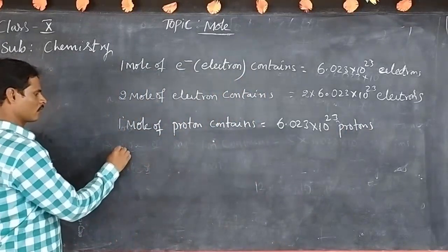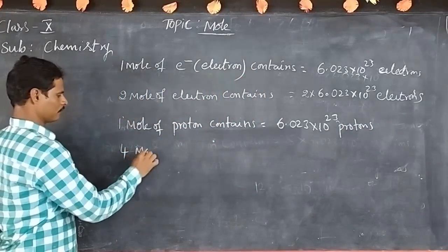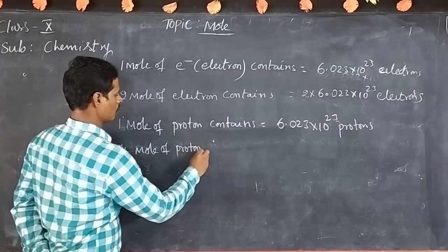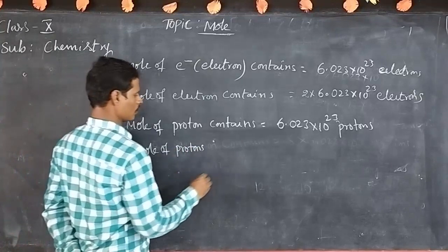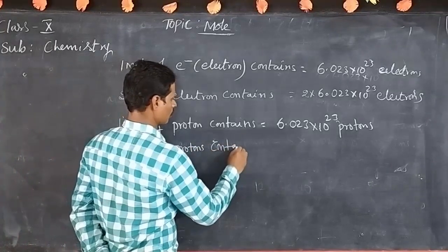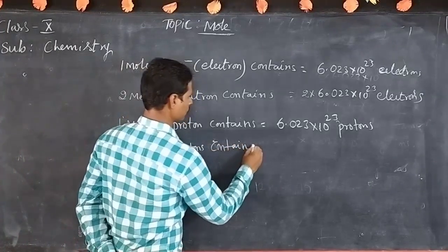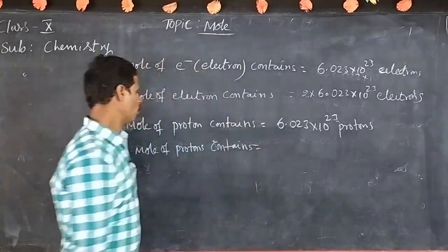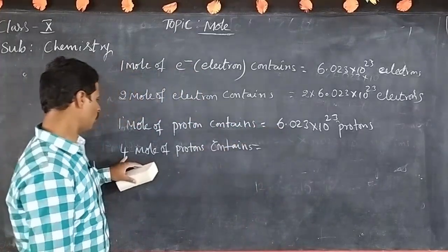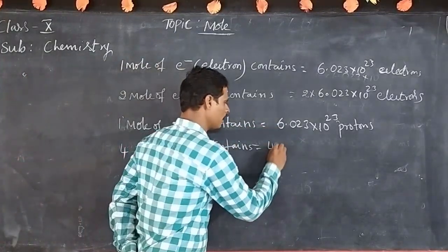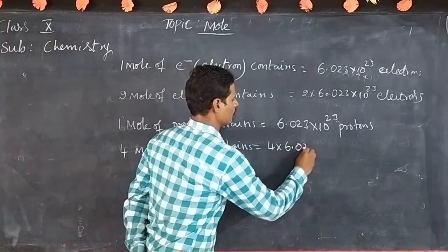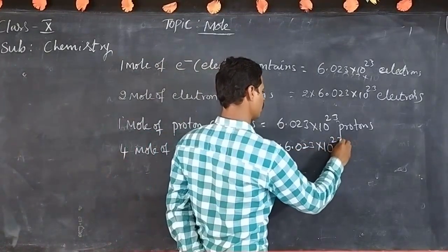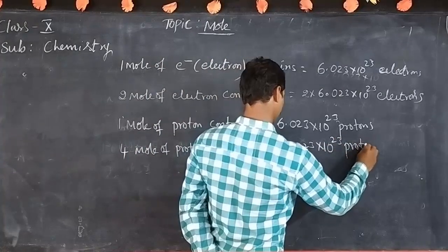Now 4 moles of protons contain how many particles? 1 mole equals this one, so 4 moles of protons equal 4 into 6.023 into 10 to the power 23 protons.